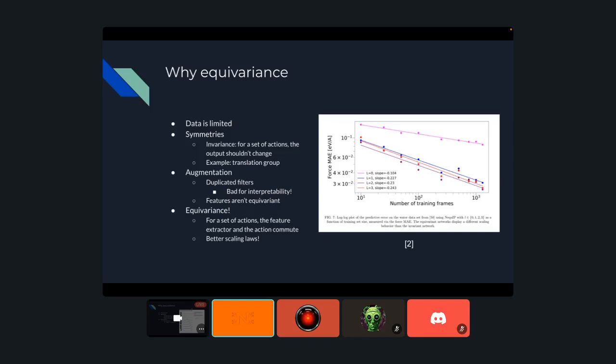It's been only recently proven, when people started paying more attention to scaling laws. But this should also be true, for example, comparing equivariant networks like convolutional networks to MLPs. So equivariance has all these sorts of nice features. How can we get it?